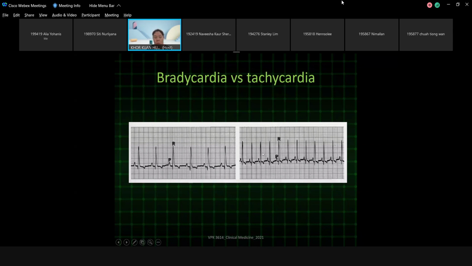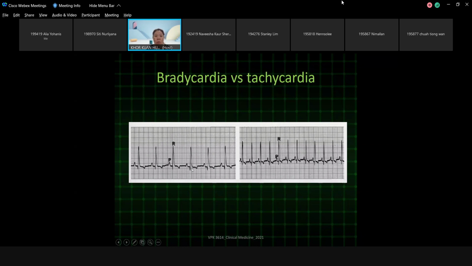So that's what we say by looking at the ECG, you know what the rate is. So you're going to start calculating, is it a true bradycardia or not? Then we calculate the complexes within the 30 boxes or the 15 boxes, depending on the paper speed.